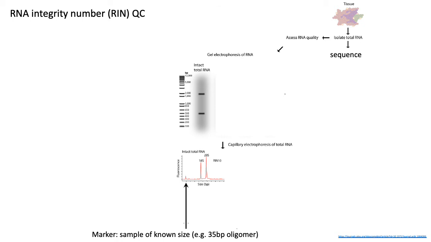The RNA integrity number is a pretty common quality control metric that indirectly measures how much degradation in RNA has occurred in each one of your samples. The idea is that you run a gel on a subset of your total RNA from your sample, and depending on how much degradation has occurred, you expect to see different kinds of banding patterns in your gel.